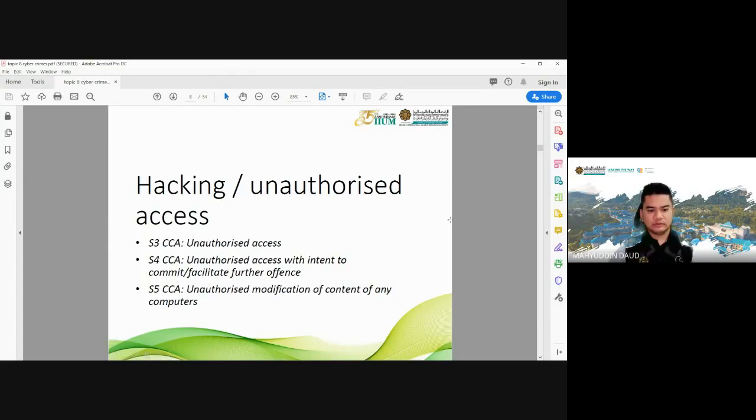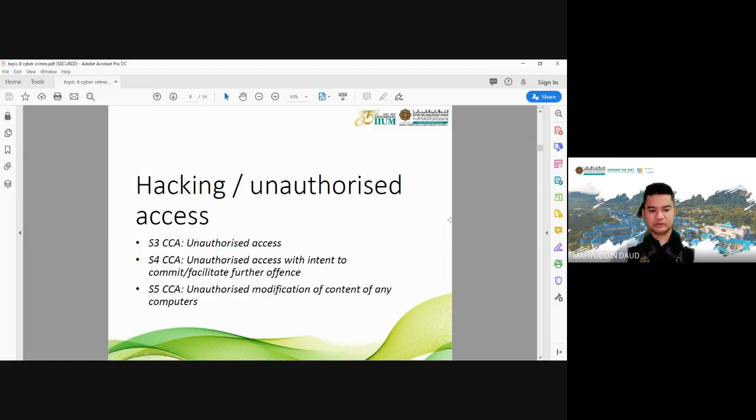Section 4 talks about unauthorized access that is made with intent to commit or facilitate a further offense, meaning here that you hack into someone's computer or certain network with the intention to commit any other offense. Maybe you hack and then you want to steal, and then you want to change some information within the database. So that is an offense under Section 4.